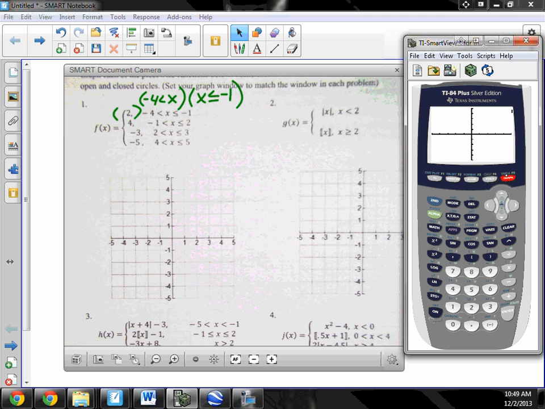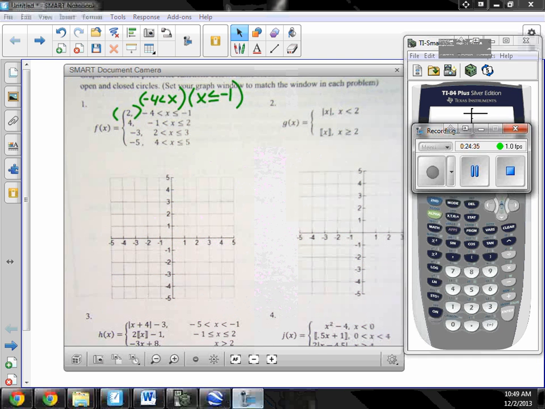All right, let's see if I did that correctly. 1 from -1 to 2, -3 from 2 to 3, and -5. Okay.